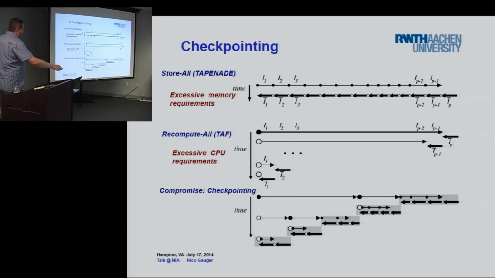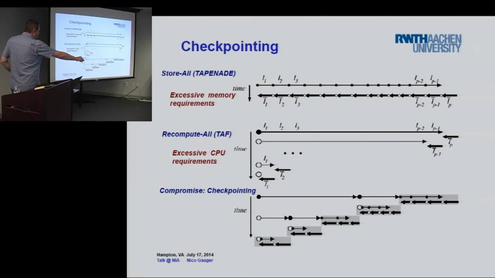And between this last section, as explained, you distribute binomially distributed checkpoints. Why binomially distributed? It's a combinatorial problem. It turns out if you distribute them binomially, the recomputation, which I explain soon, is then minimal.